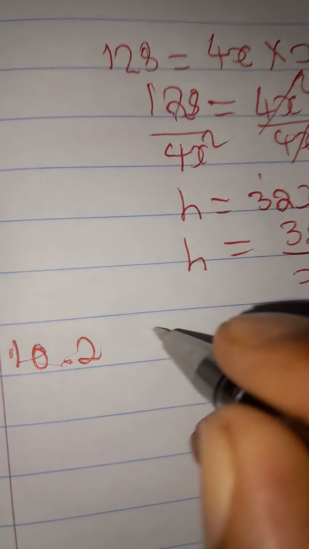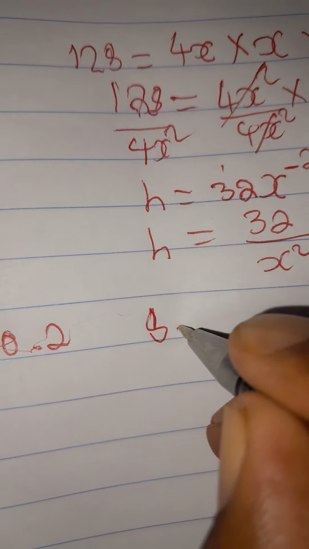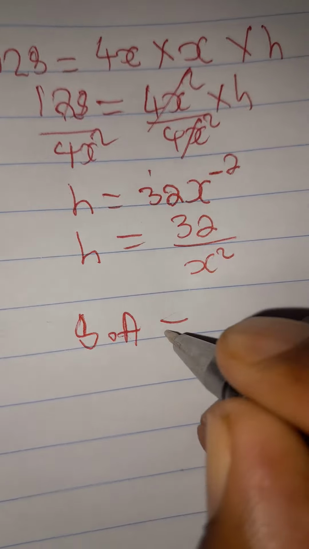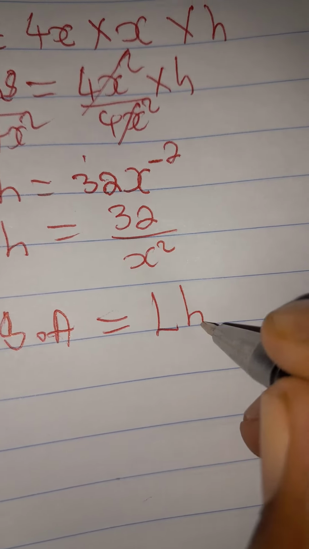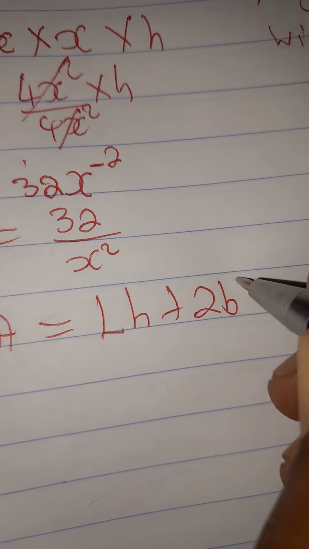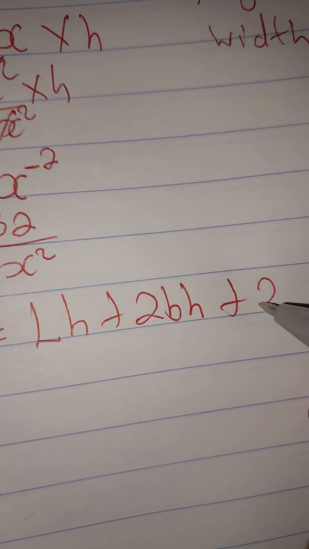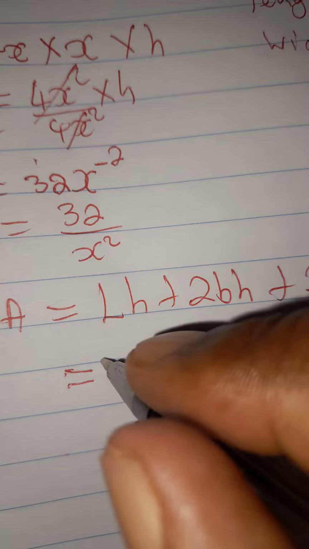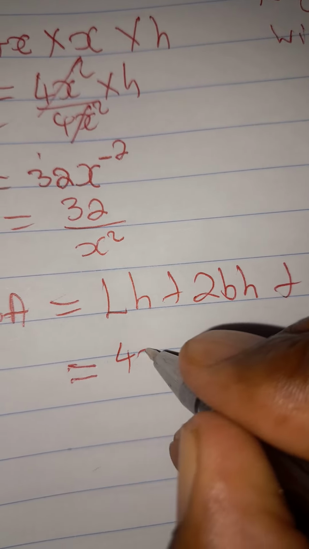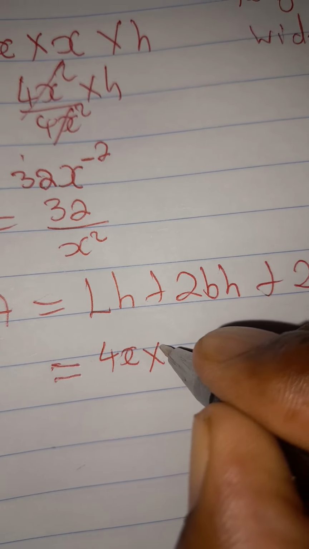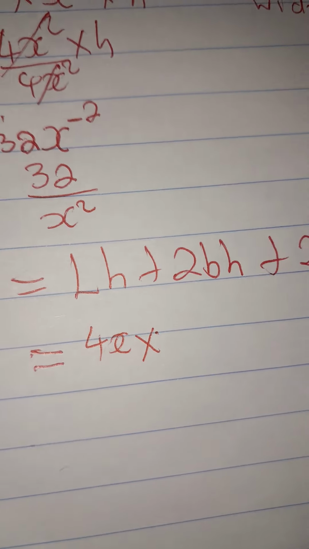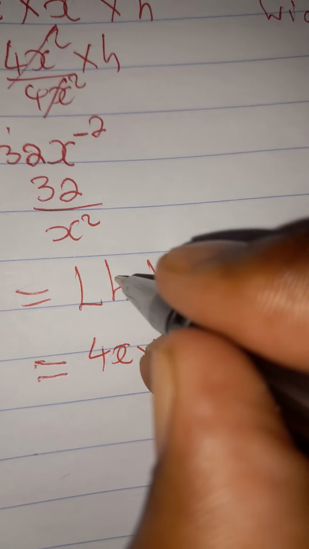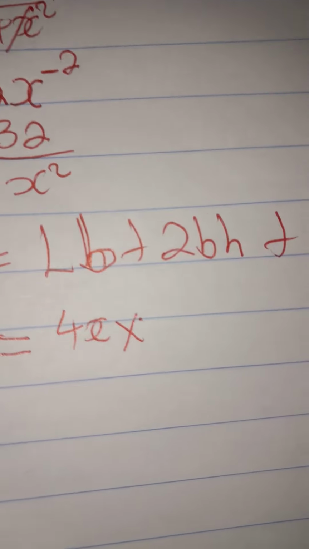Right. Okay. At 10.2 there. So we said the surface area SA will be length times base plus 2 base times height plus 2 length times height. What is the length then? The length is given as 4x multiplied by its base. I just made a mistake here, it's not length times height, it's length times base.